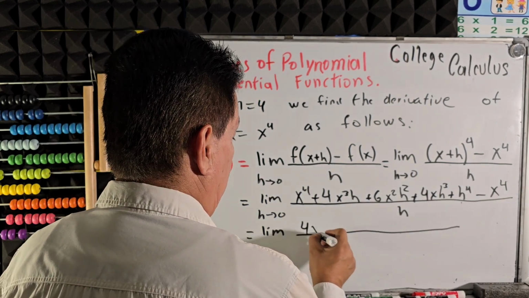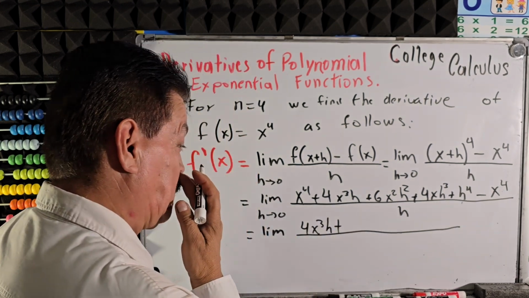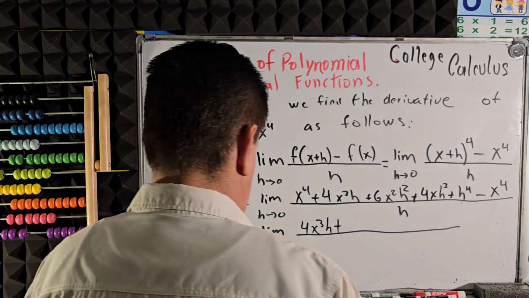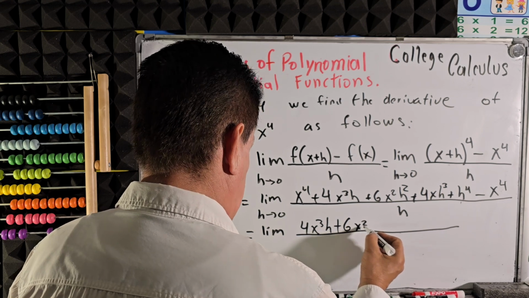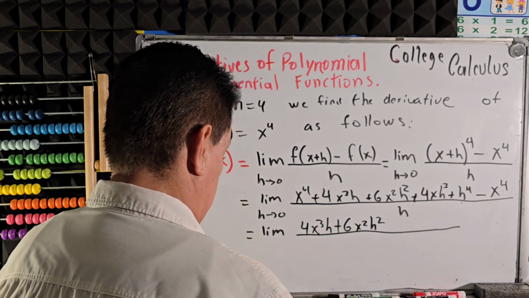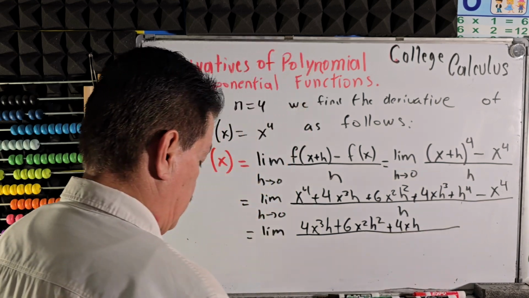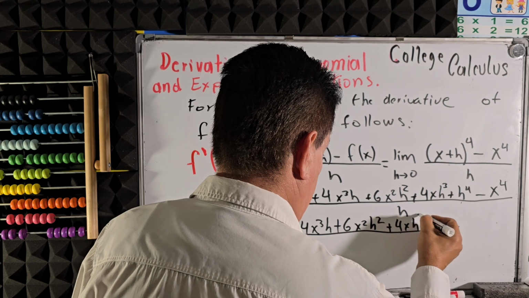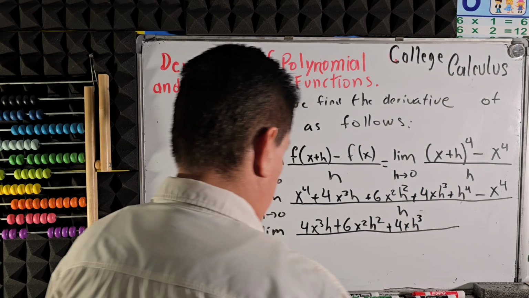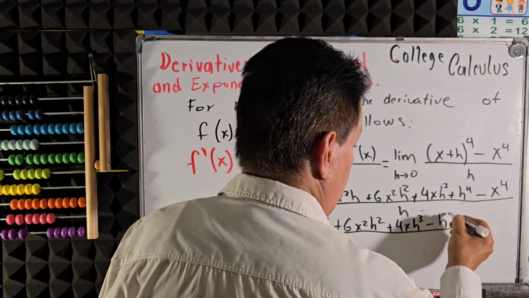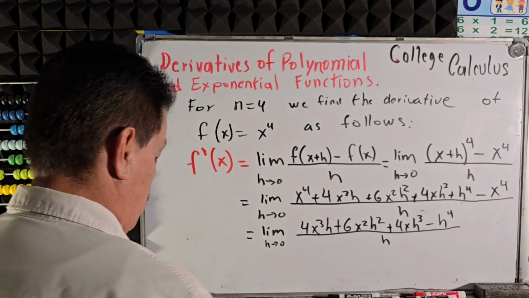Here we will have 4x to the 3rd power h plus 6x to the 2nd power h to the 2nd power plus 4xh to the 3rd power minus h to the fourth power, divided by h when h approaches 0.